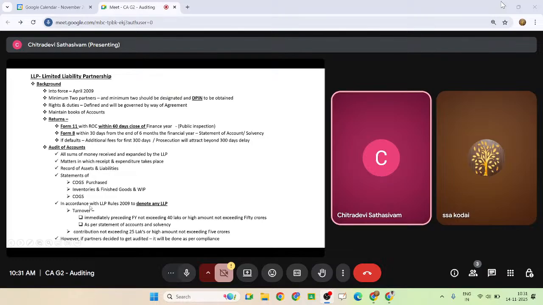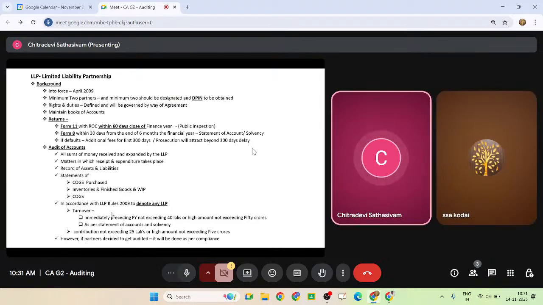So basically, to identify an LLP that requires an audit, there are two things: one is the turnover, and the other is the contribution.